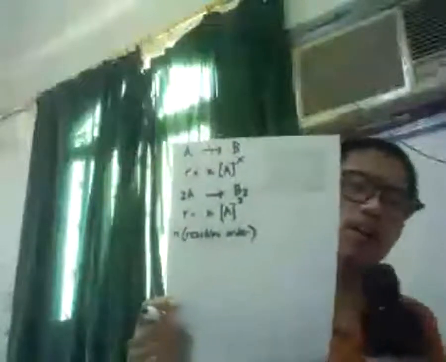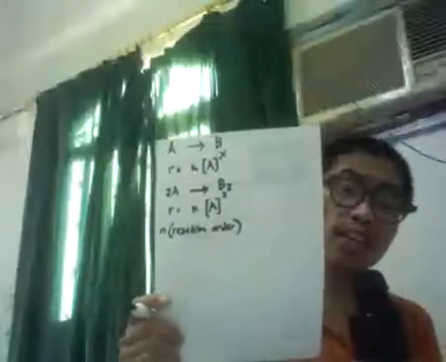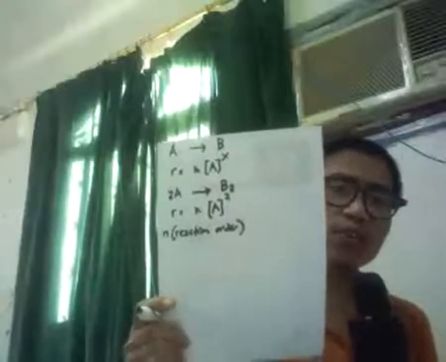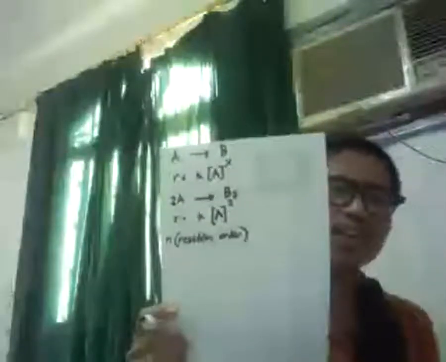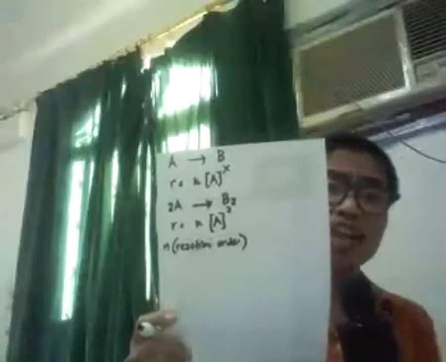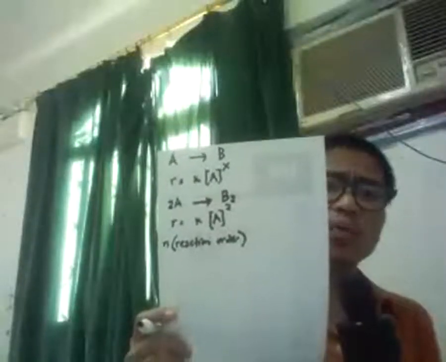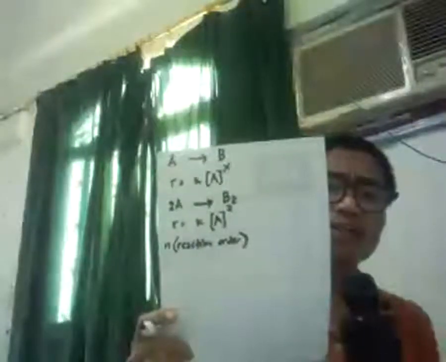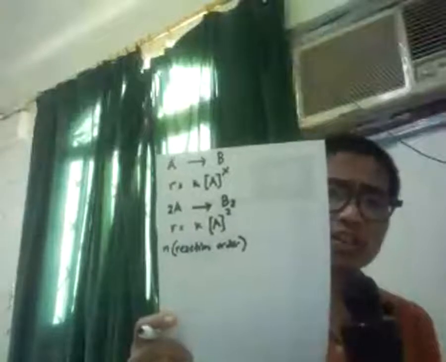So in this equation, if we remember the types of chemical reaction in our general chemistry lecture in first year college, this is usually a decomposition reaction wherein one compound will produce several elements somewhere along the chemical reaction.